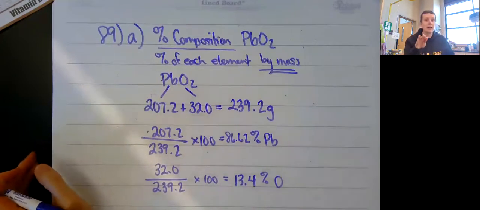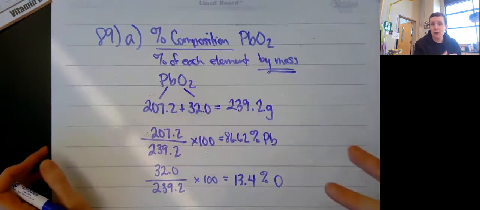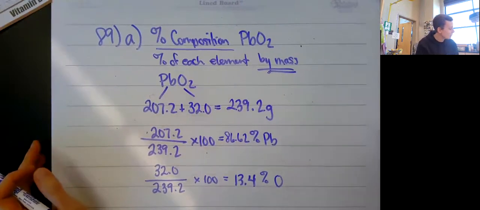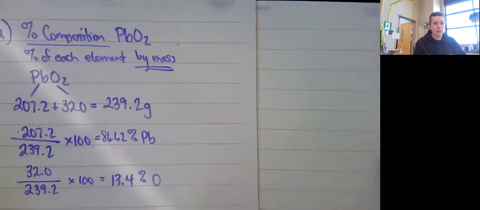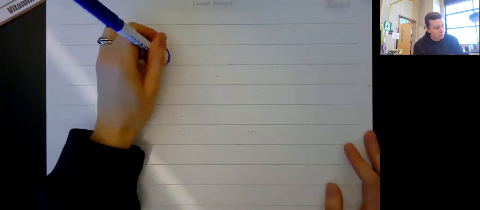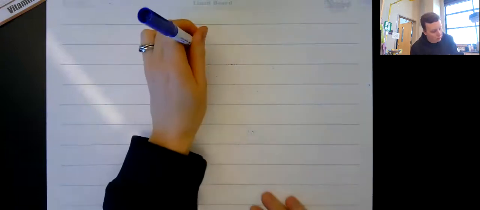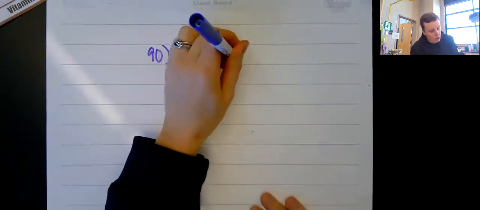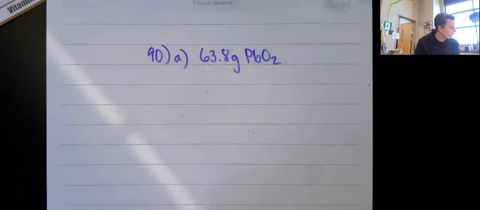Okay, so 89 is easy. Now we're going to go on to number 90. Number 90 matches number 89. Okay, so number 90, part A, let me just get a new board here, scoot this over so we can still see it. I'll bring it back in when we need it. Okay, so number 90, part A, says if you have a 63.8 gram sample of PbO2, how many grams of that are lead?